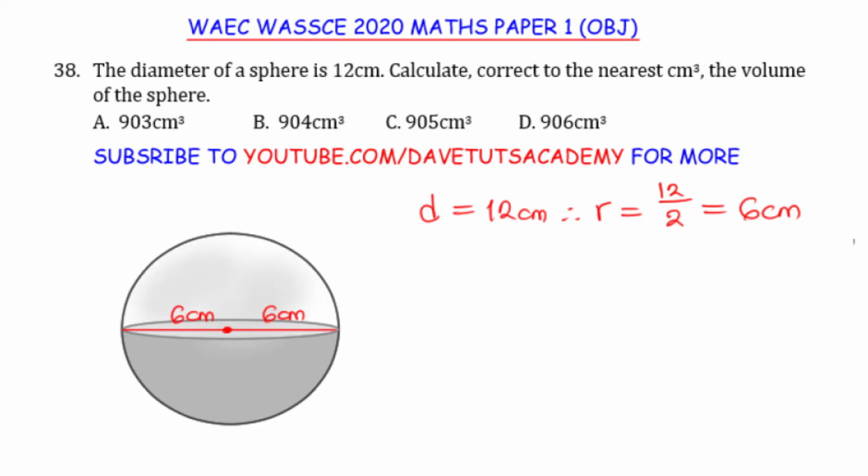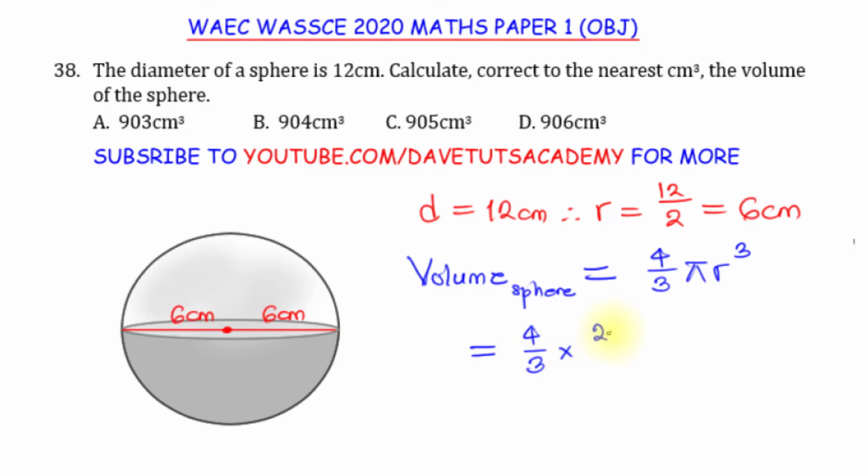That's the very first thing we need to do. Then the other question is, what is the formula for the volume of a sphere? If we are to use that formula, we will say the volume here will be 4 over 3 multiplied by pi, that is 22 over 7, multiplied by r, that will be 6 raised to the power 3 over 1.